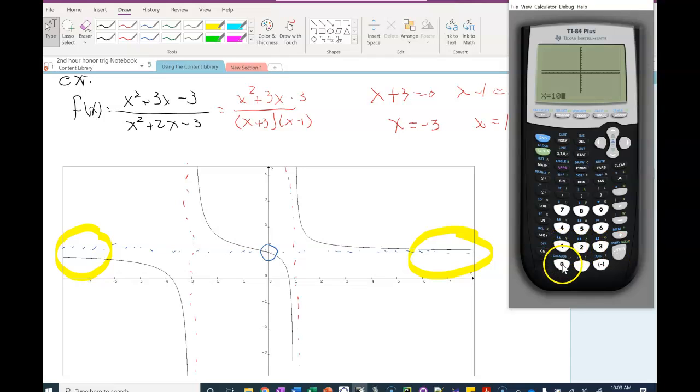I'm going to pick 10 to start with, and I get 1.0 whatever. Then I'll do second and trace and pick 100 next, and I'm getting closer to 1, right? 1.0098, yada yada.